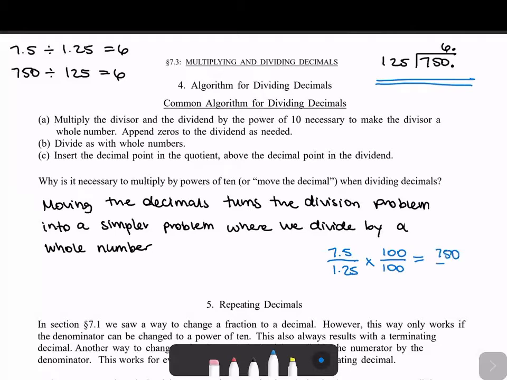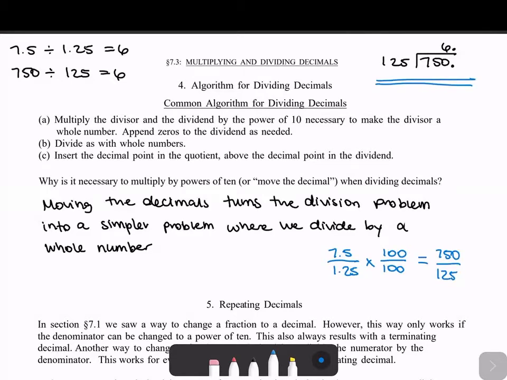So this is 750 over 125. So we can multiply both the divisor and the dividend by a power of 10, and it just has the same effect as multiplying by 1. It doesn't change it at all, because if we write this as a fraction, it's changing our numerator and denominator by the same amount. That's why these two problems are equivalent.